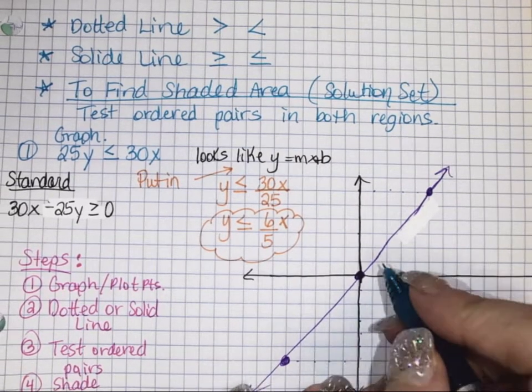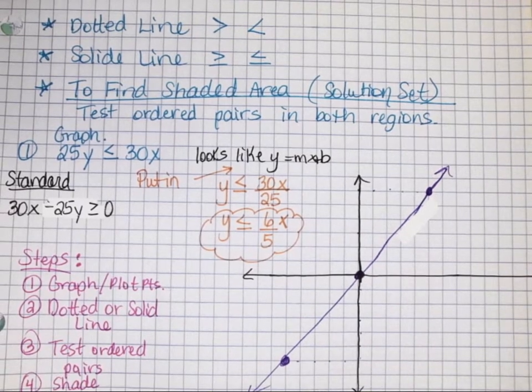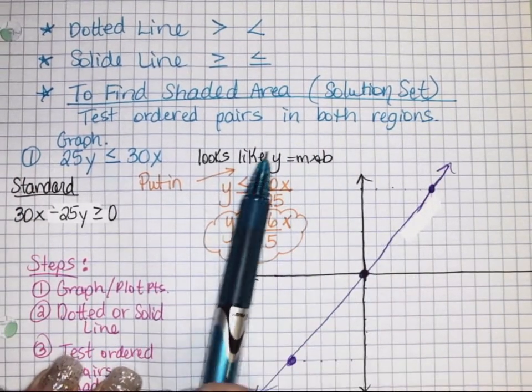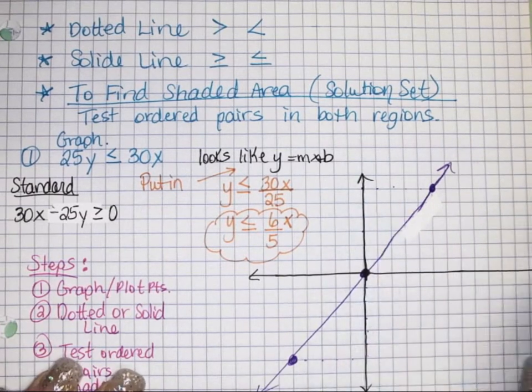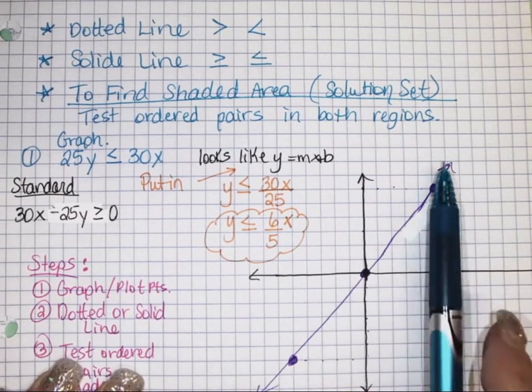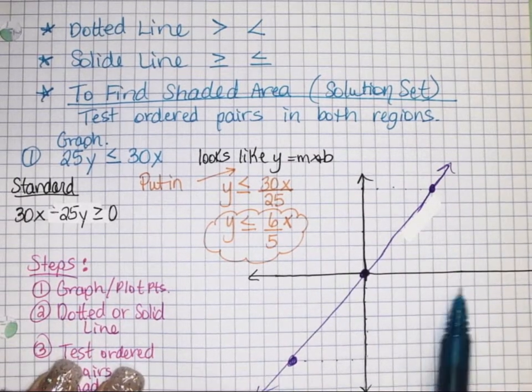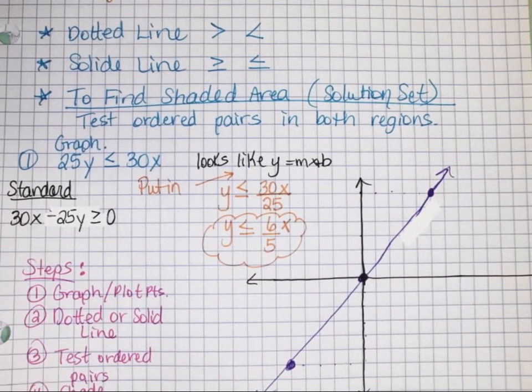All right, let's test. And how you know where to test: notice that I've got this whole region on this side of the line, and I've got this whole region on this side of the line. So you test any ordered pair in this region, and you test any ordered pair in this region.